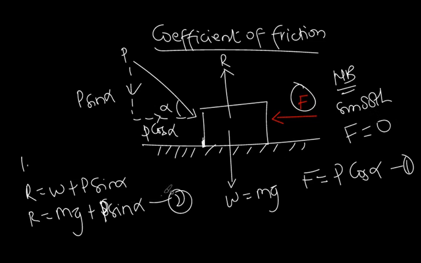Also note that the frictional force is proportional to the normal reaction, and the constant of proportionality is what we call the coefficient of friction, and it is dimensionless. So if we understand the concept of this body, and the application of force at a particular angle or horizontal to the plane, now let's have a look at some examples to enhance our understanding of this concept of coefficient of friction.